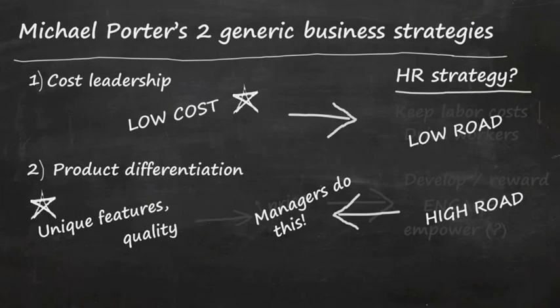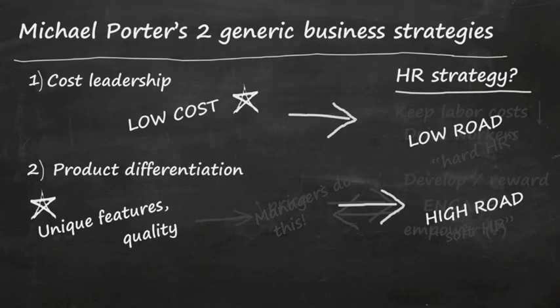They're coming from different business strategies, a cost leadership strategy on Sam's Club's part, and more of a product differentiation, service differentiation on Costco's part. Now, in some countries, low-road HR is called hard HR, and in some countries, high-road HR is called soft HR. I don't really like those labels. The soft HR in particular is a particularly poor label, and so I'm going to erase those labels.